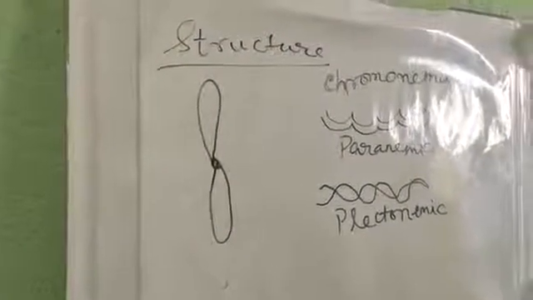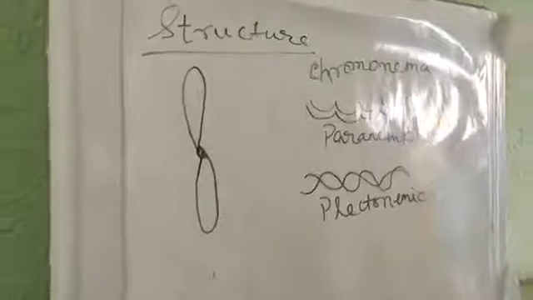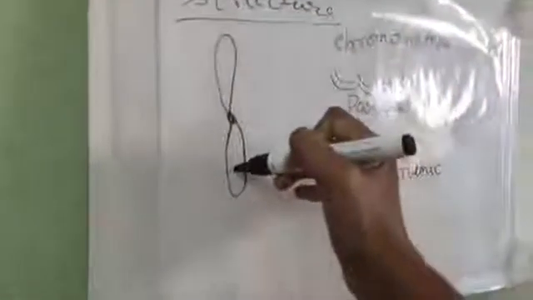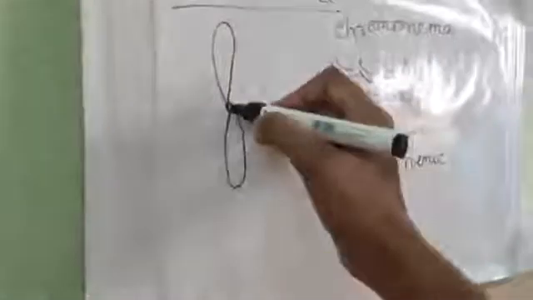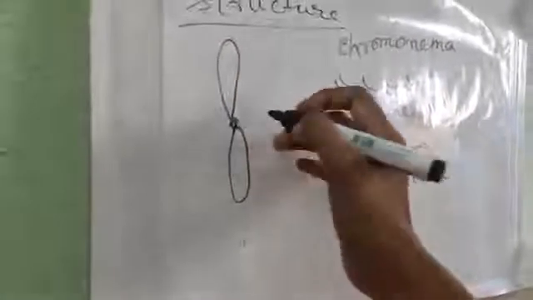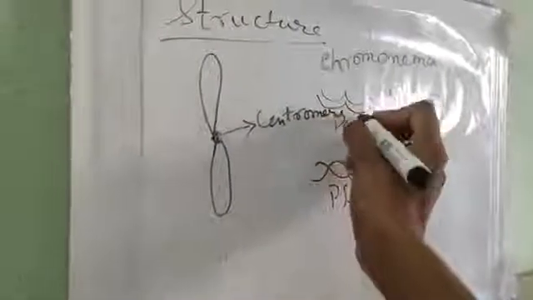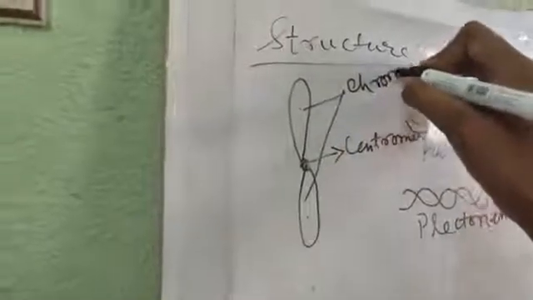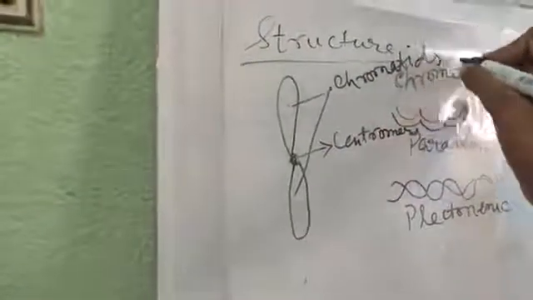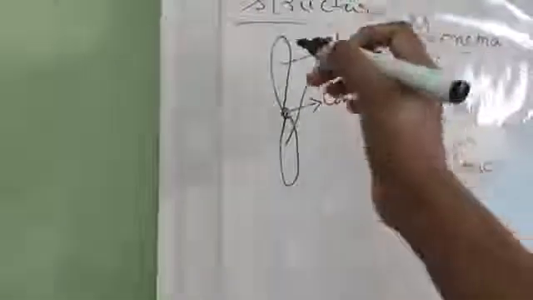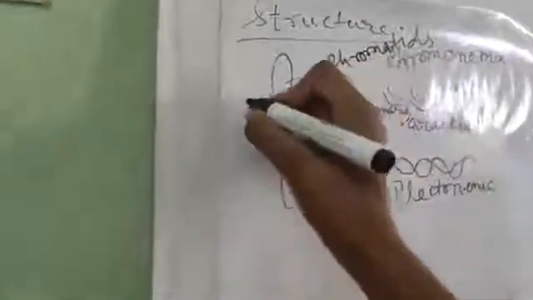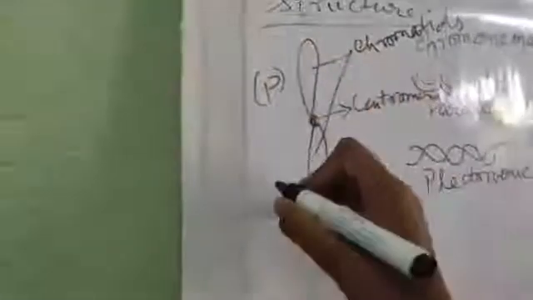Next, the chromosome is having 2 arms, and these 2 arms are attached by the centromere. So this is the central centromere, and these two arms are called chromatids. Now the short arm is called P arm and the long arm is called Q arm.